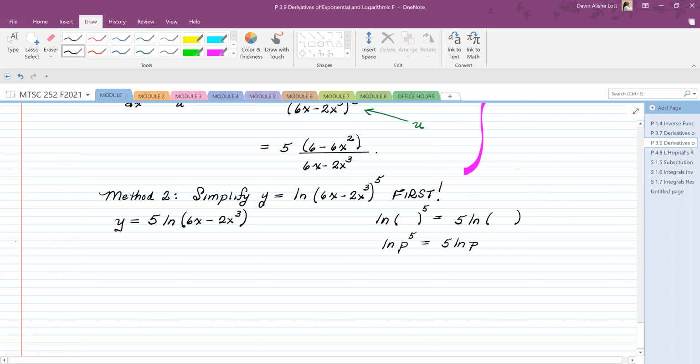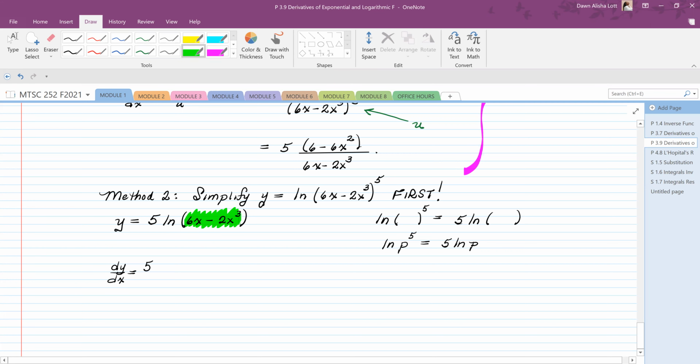So if I simplify it first, then there's no derivative of it to the 5th power. So now that it's simplified, I can say that when I take dy dx, the 5 is already there, but this time I have a different u.